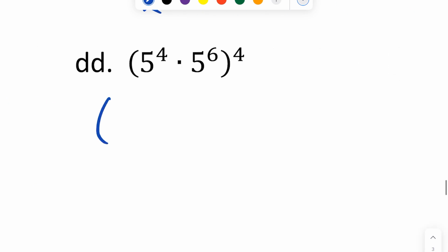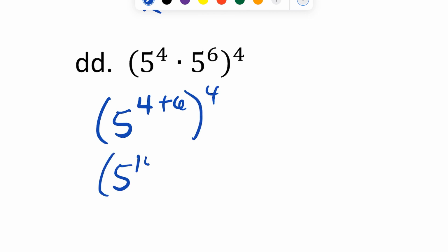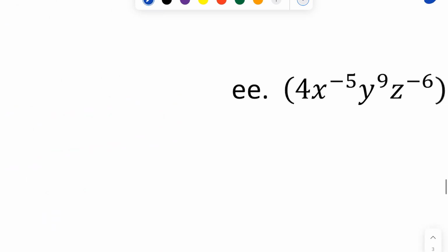Here, we have something going on in the inside, so I need to add my exponents. So that would get me 5 to the 10th raised to the 4th. So now I have a power raised to a power, so I need to multiply my exponents.